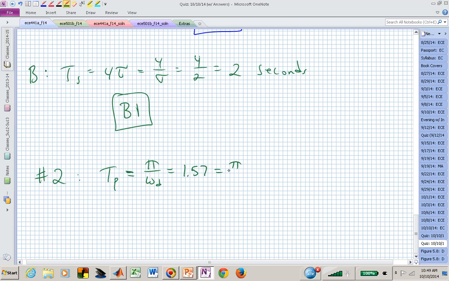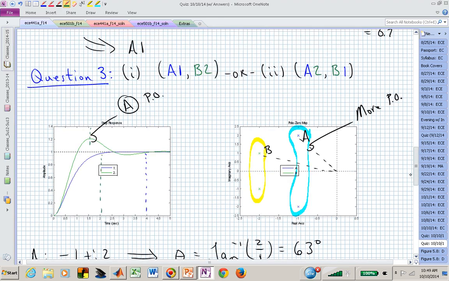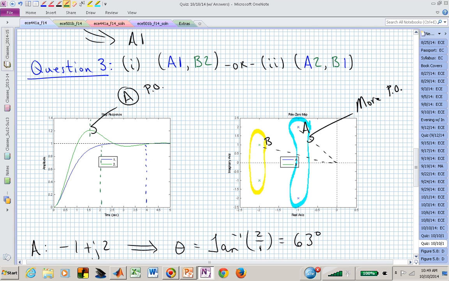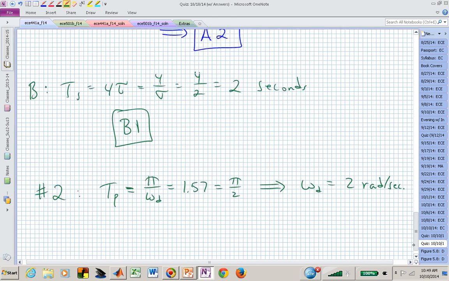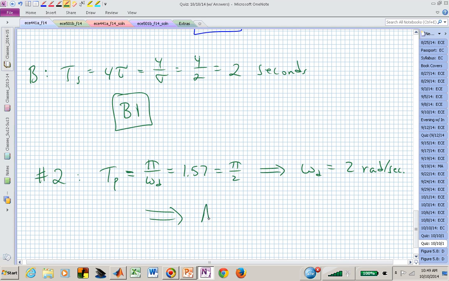Well, that's just pi over 2, which is saying that omega sub d, based on the time response, would correspond to complex poles that have an omega sub d of 2. We come over here, and omega sub d of 2 corresponds to A, and so now this says that we can match up A's pole pattern with response number 2.